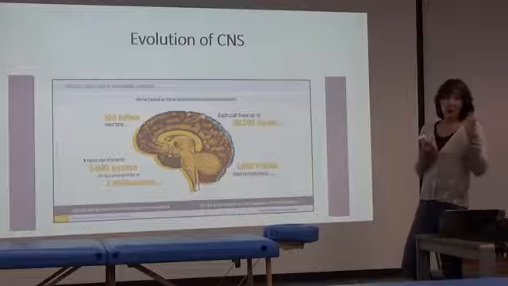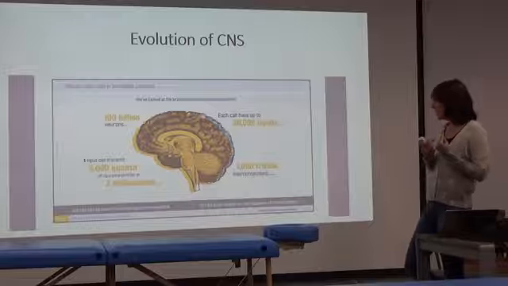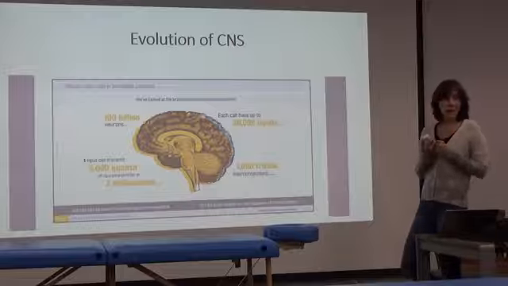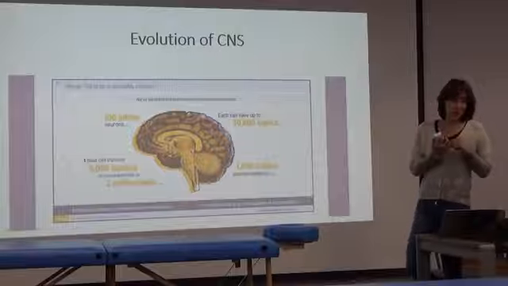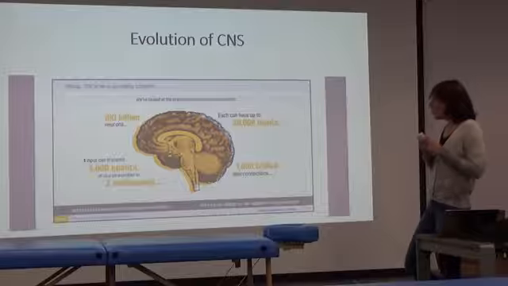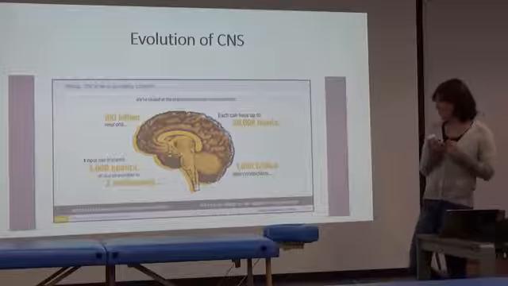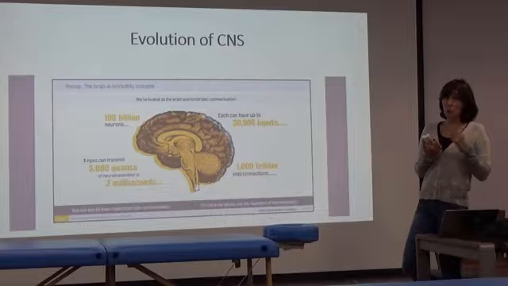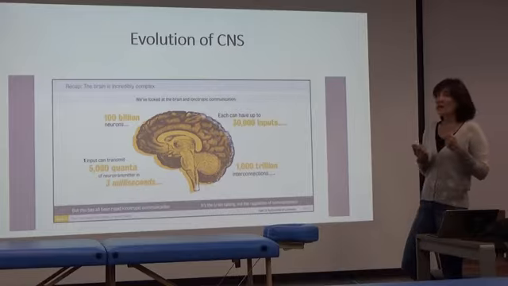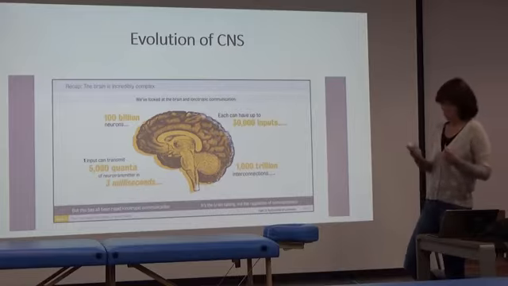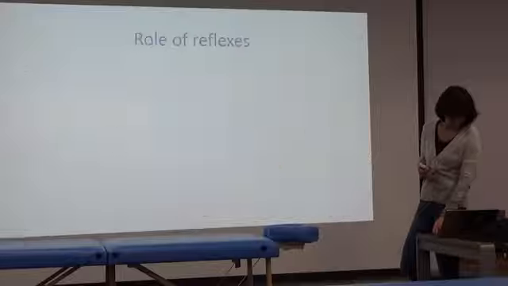Each one of those can have 30,000 connections with other neurons. Each connection can exchange 5,000 pieces of information in 3 milliseconds. And altogether we make over 1 trillion connections. It's really incredible.